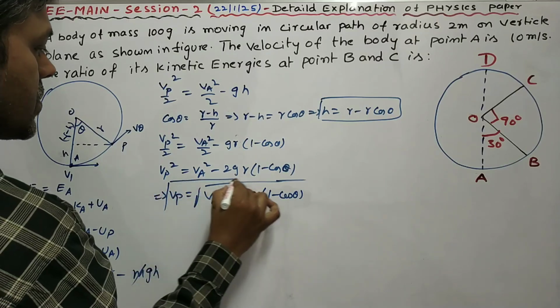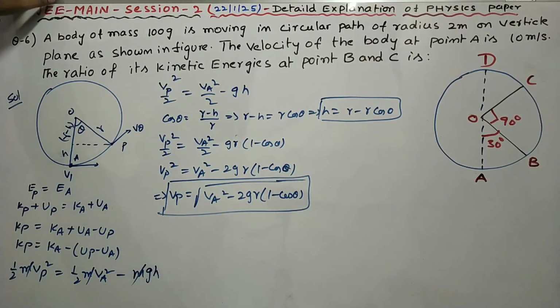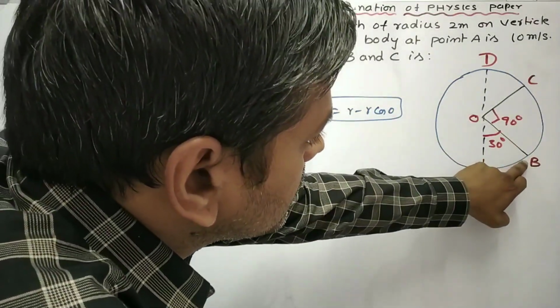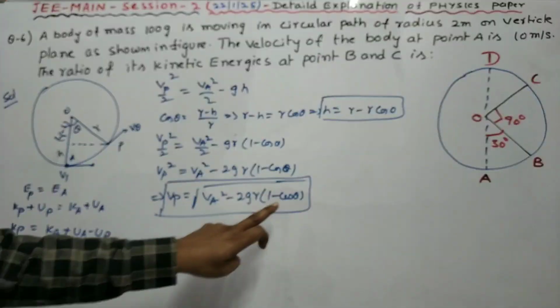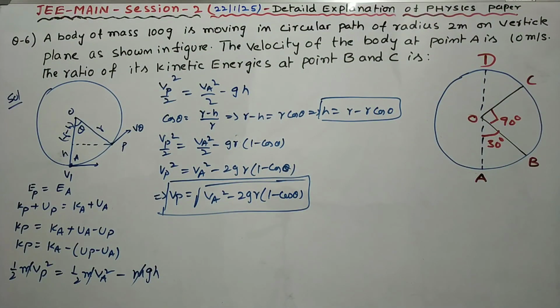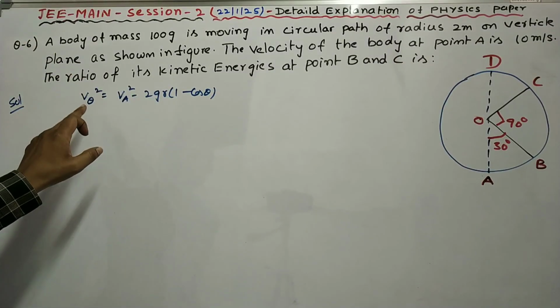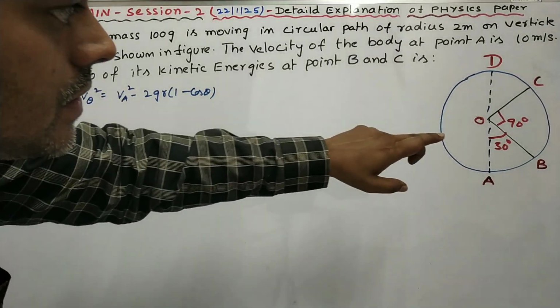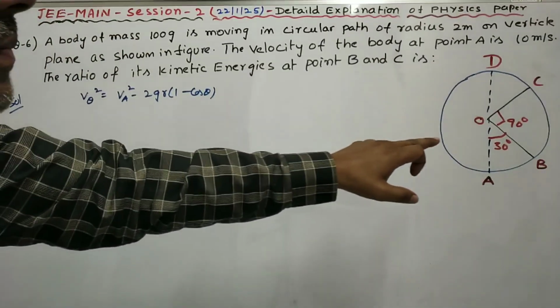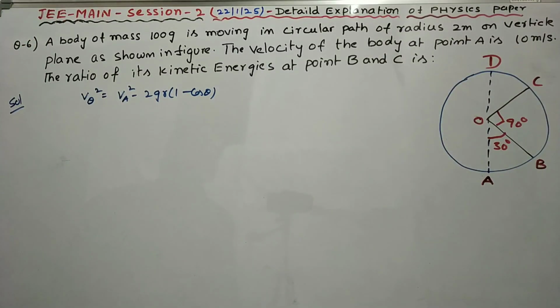This equation helps to calculate the energy at point B and energy at point C in terms of angle. Okay, right. So we're getting finally the velocity at a point on the circumference of a circle when it makes an angle theta is equal to this thing. So what is asked?